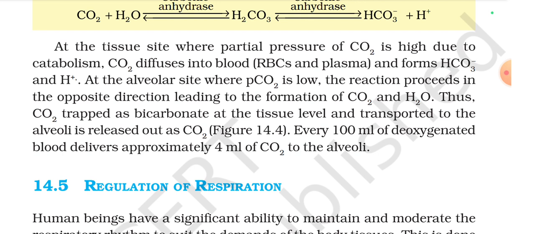At the alveolar site where PCO2 is low, the reaction proceeds in the opposite direction, leading to the formation of CO2 and H2O. This CO2 trapped as bicarbonate at the tissue level and transported to the alveoli is released out as CO2. Every 100 ml of deoxygenated blood delivers approximately 4 ml of CO2 to the alveoli.